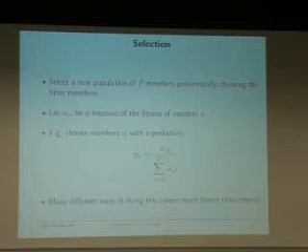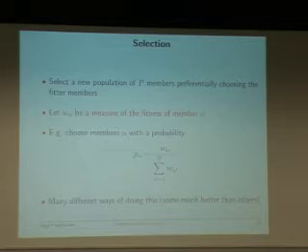And you select a new population by choosing preferentially fitter members. One way of doing that is you assign some kind of weight that measures the fitness.